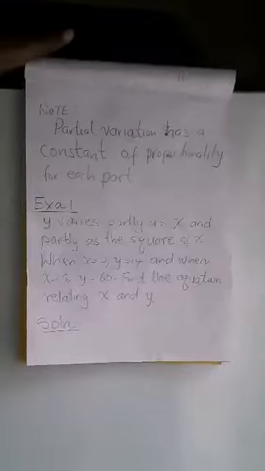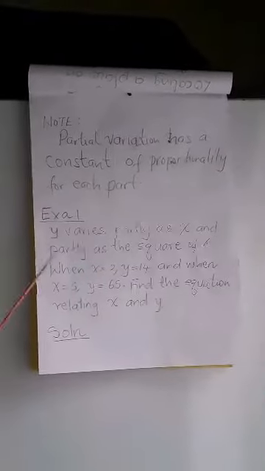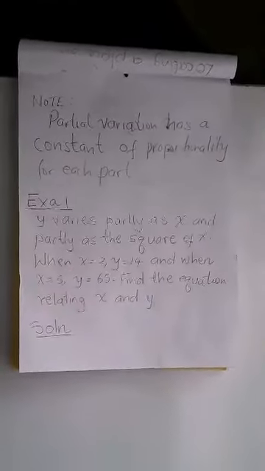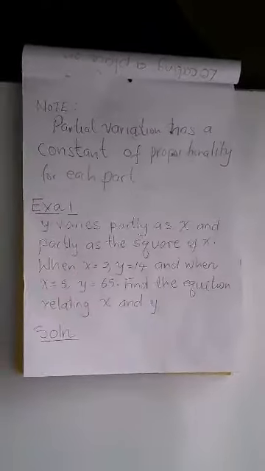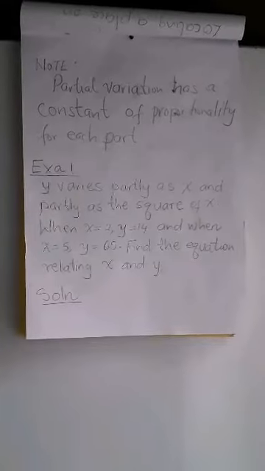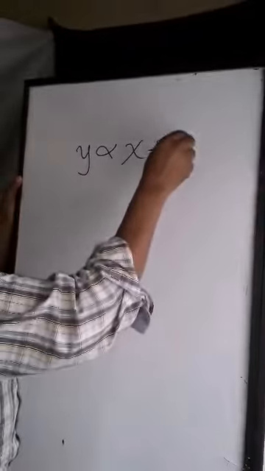Now, we're going to look at an example. Y varies partly as x and partly as the square of x. What does that mean? It means that y varies partly as x and partly as the square of x.